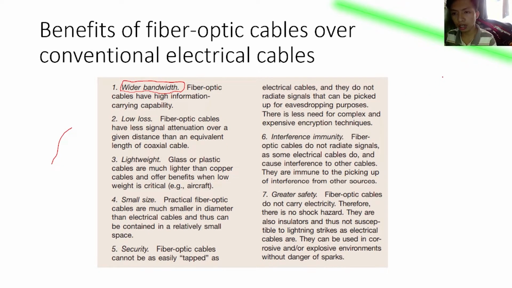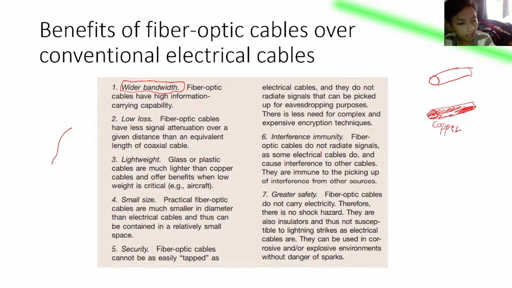This fiber optic is made of glass or plastic, so this one is hollow, whereas the copper is denser compared to the glass or plastic, in the sense that the fiber is hollow.